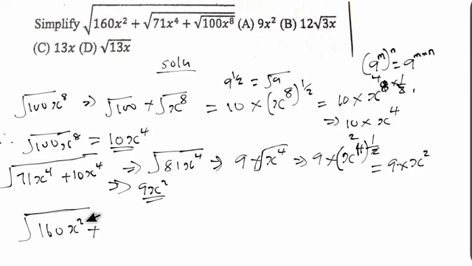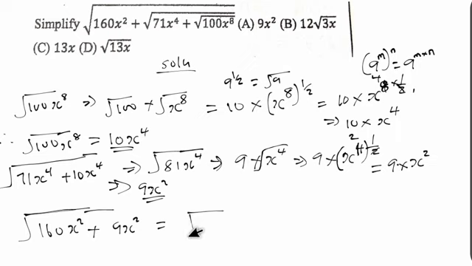So let's add it: 160s to the power of 2 plus 9s to the power of 2. Here we have the variable s squared in both, and they are the same variable, so in the coefficient you can add them together. That's 160 plus 9, that's 169.